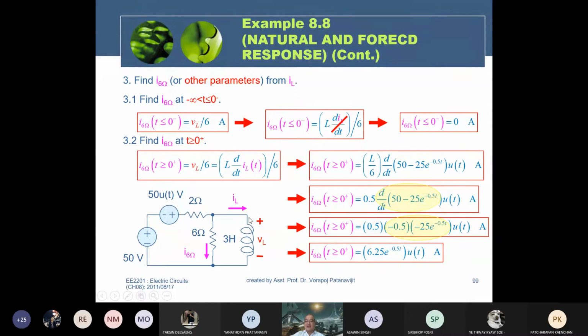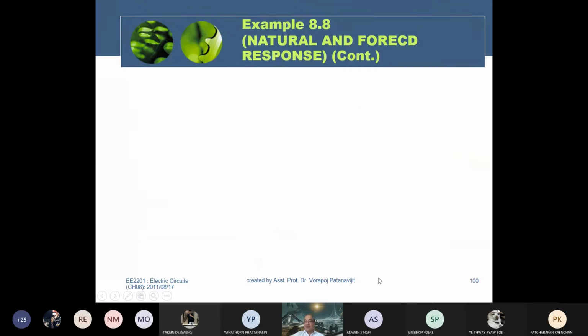If the inductor is short circuit again, all current will flow through the inductor part. No current flows in the resistor. Therefore, you can see that the current flow in the 6 ohm resistor equals 6.25 e power minus 0.5 t. Therefore, if t equals infinity, I 6 ohm will go to 0 too.